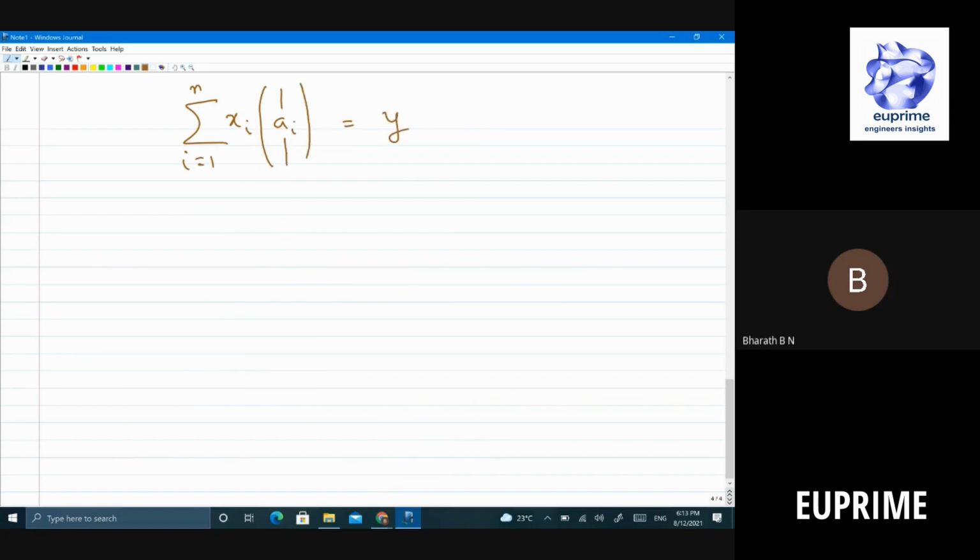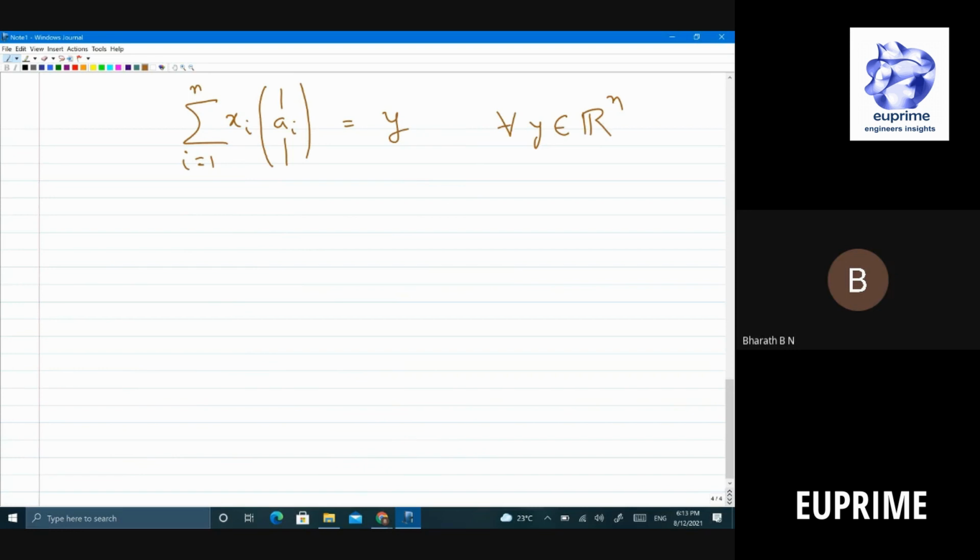So when is this possible? Can somebody tell me when this is possible? This should be true for any y in Rn. So I should be able to find x, that means the xi's, such that if I use xi to combine the vectors ai, I should be able to get a vector y. When is this possible? Go back to the previous classes. What is the definition?